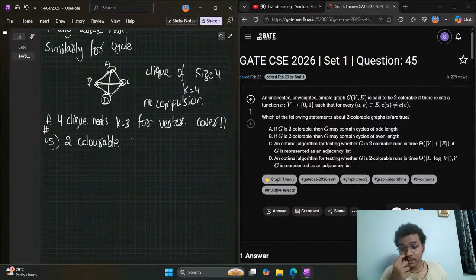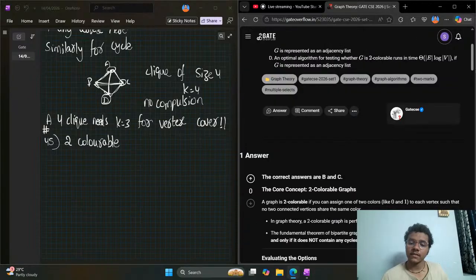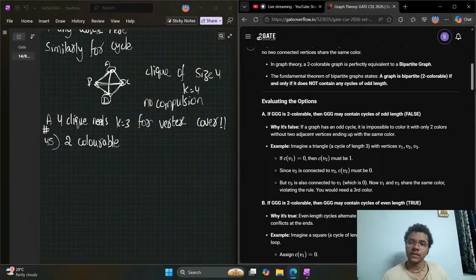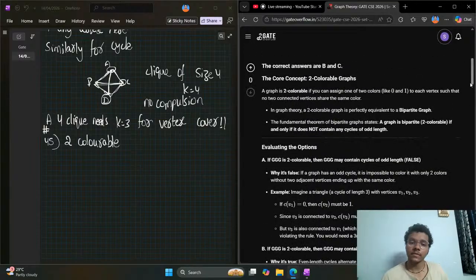There is actually some theory regarding this. If G is two colorable, then G may contain cycles of odd length. An optimal algorithm. It is actually not supposed to be a part of discrete maths, but it is a part of algorithms.